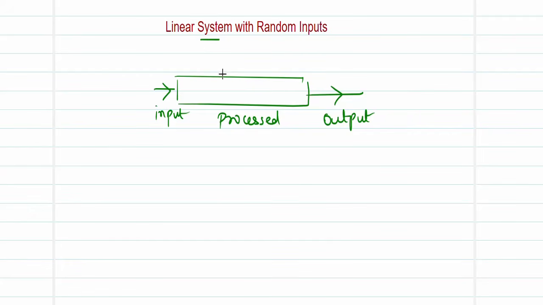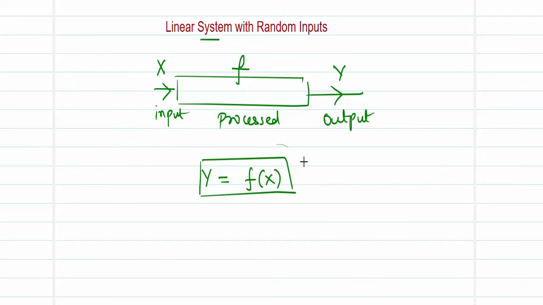A system is one which takes an input, processes it and gives you an output. Now if I denote this input by x and the process be any function called f and the output by y, then I can say that my output y can be expressed as a function of the input x. So this is how I define a system.